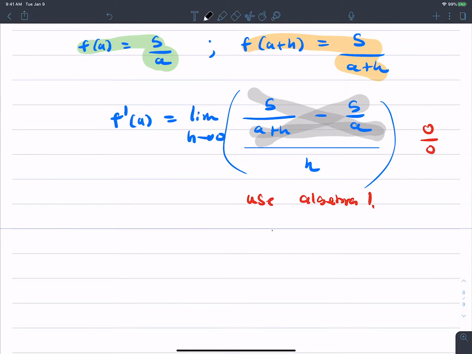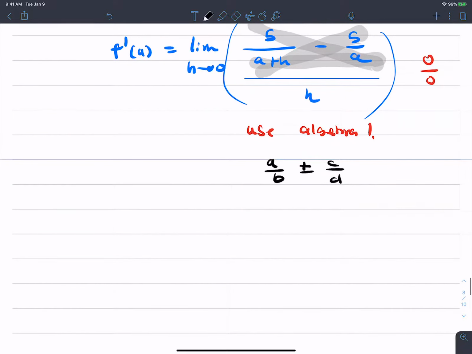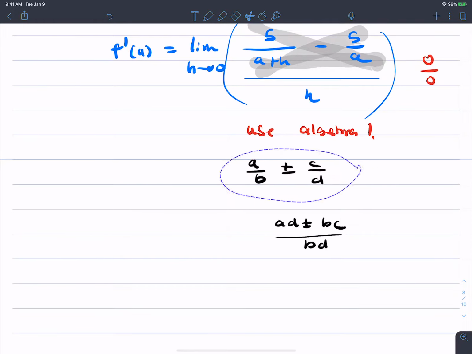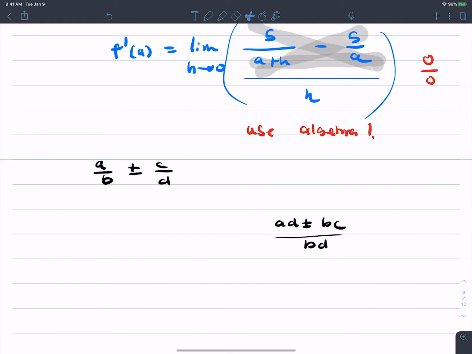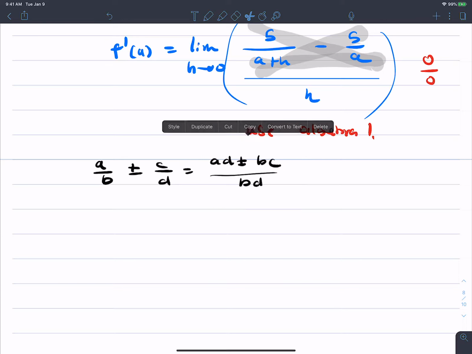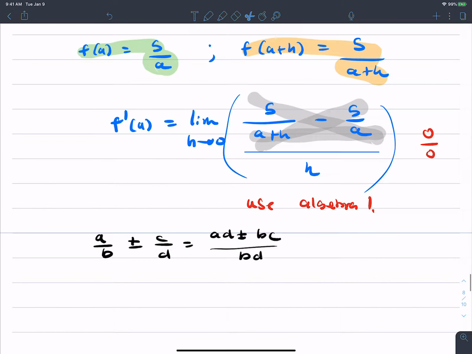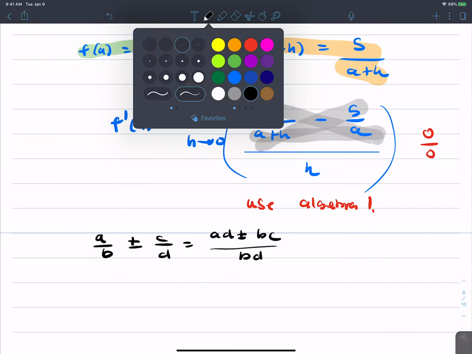We talked about anything that looks like a over b plus or minus c over d. That formula was AD plus or minus BC over BD, right? So maybe we'll put it over here and say this is equal, and put that over here. Okay, so let's do some algebra here.